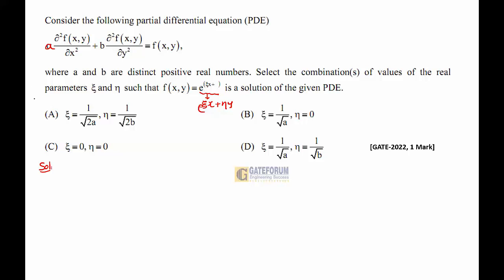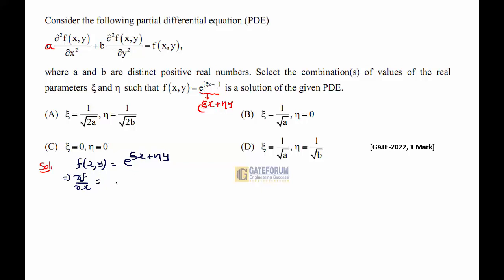So f of x comma y is equal to e to the power xi x plus eta y. Xi and eta are Greek letters. x and y are variables. Which implies dou f by dou x, the partial derivative with respect to x, means treating y as constant.